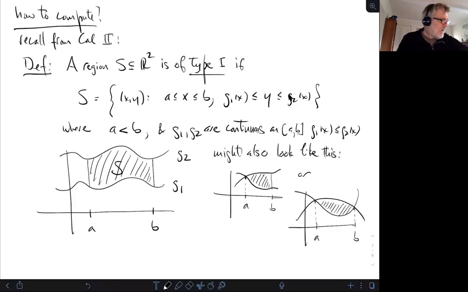Now, if you have a region of type 1, which is what you're hoping for when you have a double integral over a region, does an intersection have to correspond to an extremity? Good question. Actually, in our context, the answer is no. So the following could happen.